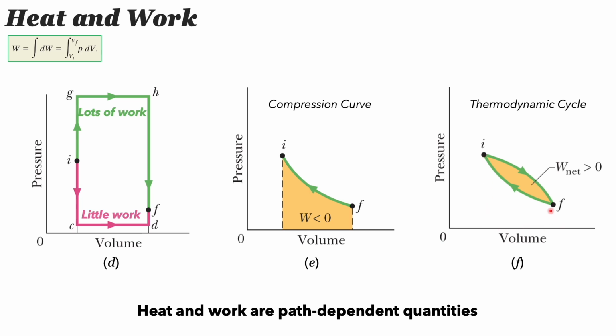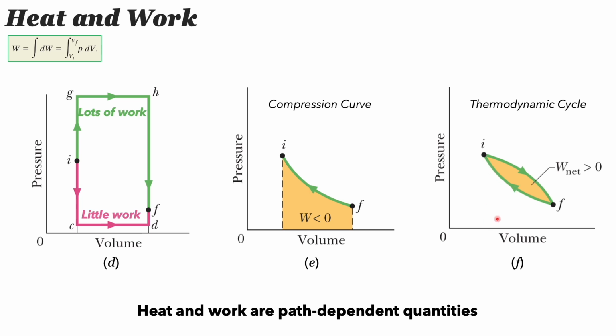So all the area from this curve to the horizontal axis will be the work done while moving from I to F, and the work done while moving from F to I will be under this curve, to the horizontal axis. Now you can simply see that the area under this curve I to F, this highlighted portion, is larger than the area under this curve.